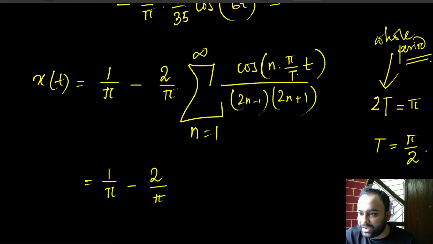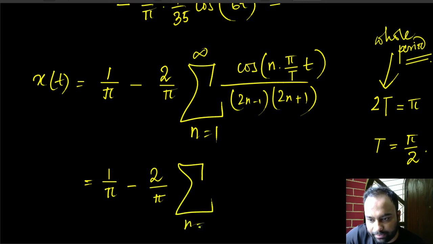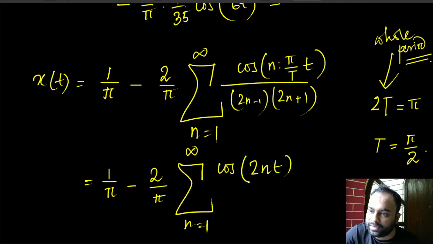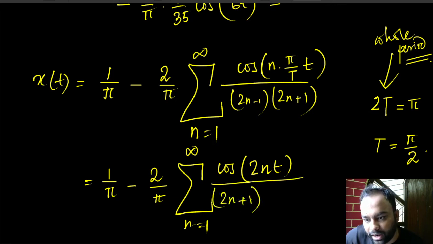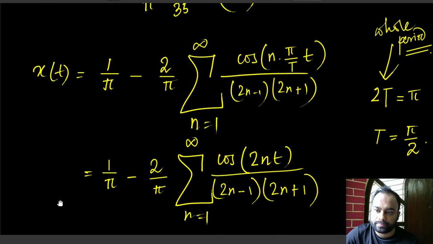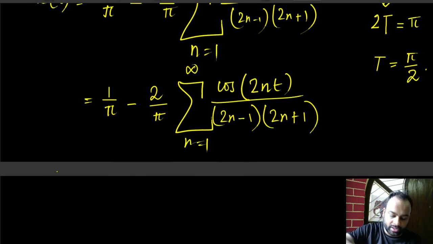So instead of capital T, if you put pi by 2, you would get the final expression for the Fourier series. For example, n equal to 1 to infinity, so I have cos 2nt, that 2 is coming from this pi by T with T equal to pi by 2, and I have 2n minus 1 into 2n plus 1, right? So that's the Fourier series for the rectified sinusoid for that particular example. Full wave rectified sinusoid.